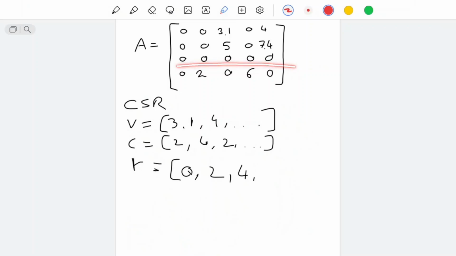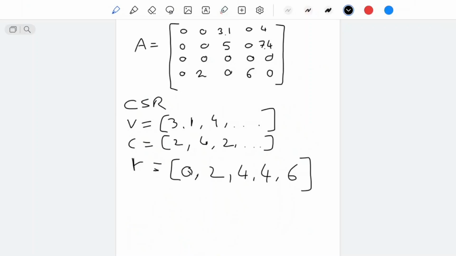Here there are all zero values. Therefore, there aren't more non-zero values, and we keep the 4 also for the next element, and we add 2 more non-zero values, and we get 6 as the last element of our R vector.